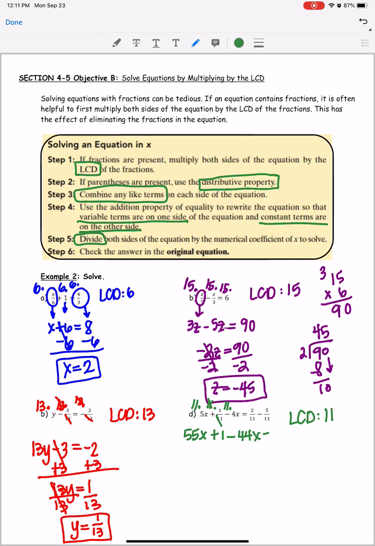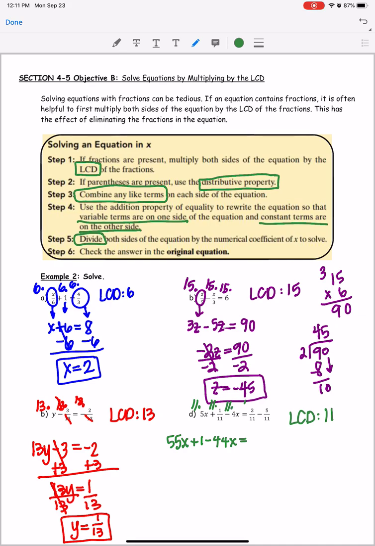And I'm going to back this up to scoot this over. Okay, so that's the left side.